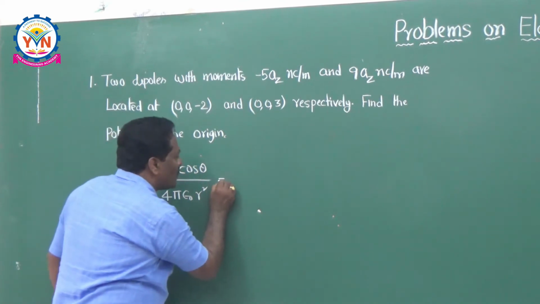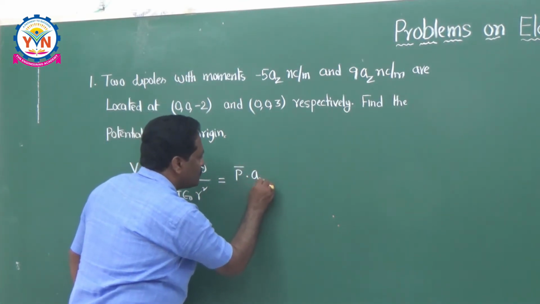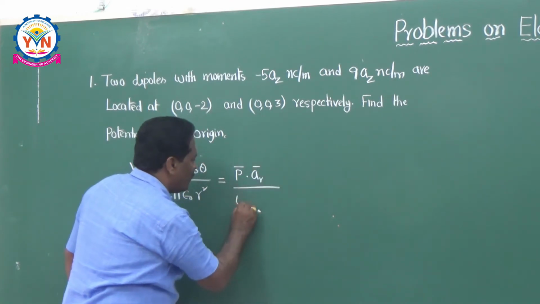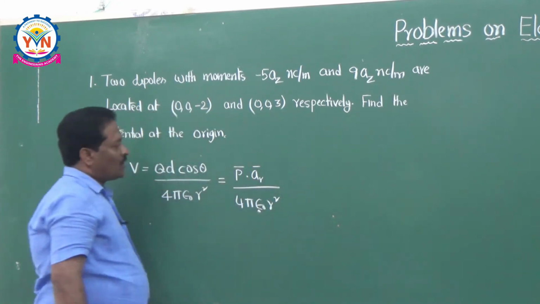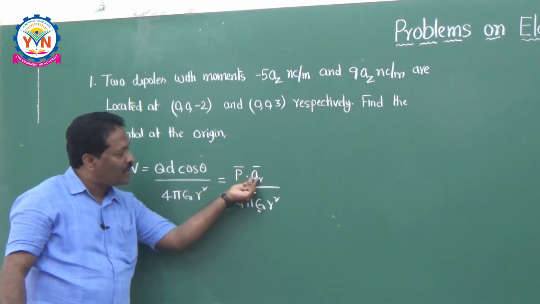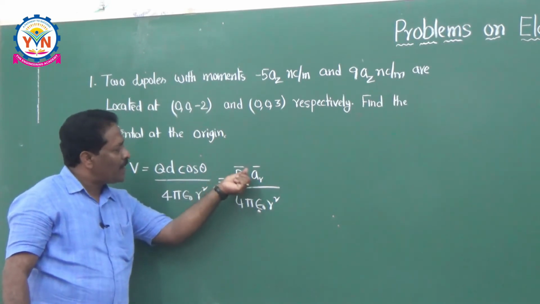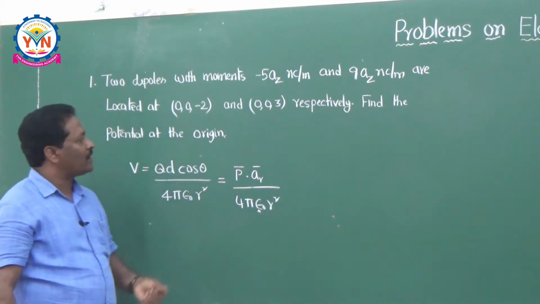This we also write as p bar dot AR divided by 4 pi epsilon naught into r square. So, it is a dot product of the dipole moment and the unit vector, which gives p bar into a bar cos theta divided by 4 pi epsilon naught into r square.